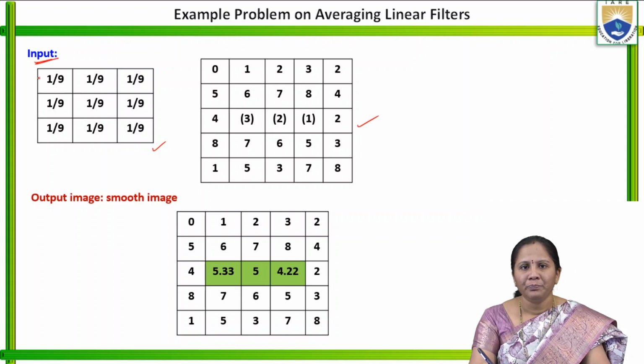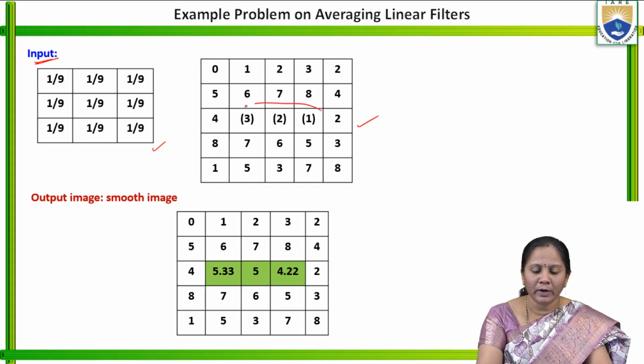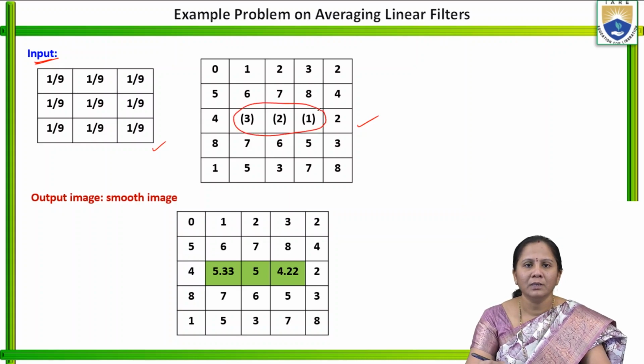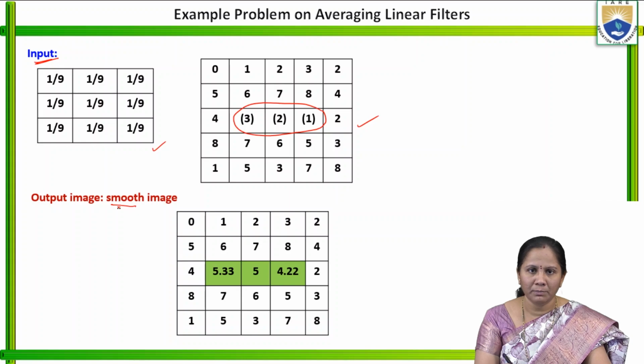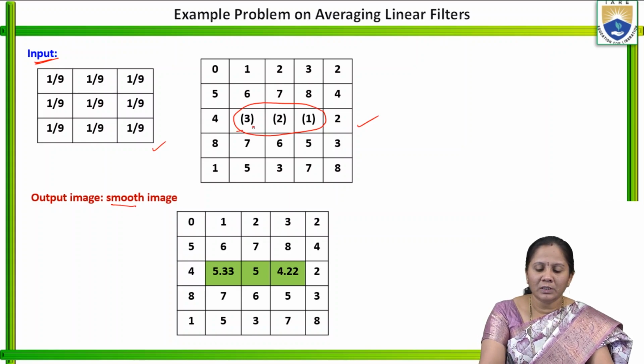After applying this mask, if you find the new pixel values of all these marked pixels in the image, then the output we are going to get is the smoothened image. So instead of this 3 in the output image, we have marked 5.33. Instead of 2, as we have calculated, we got 5. Instead of pixel value 1, we got 4.22.